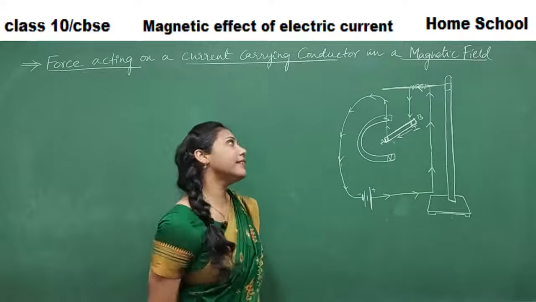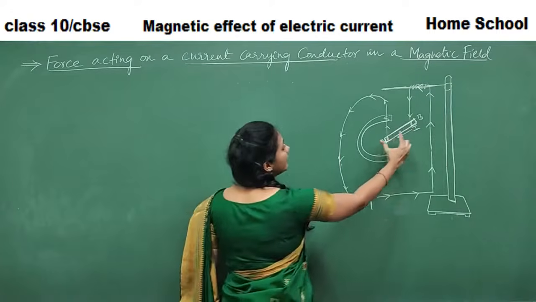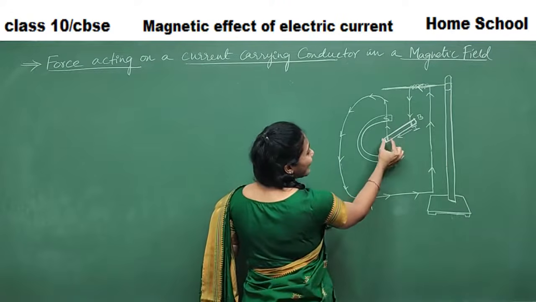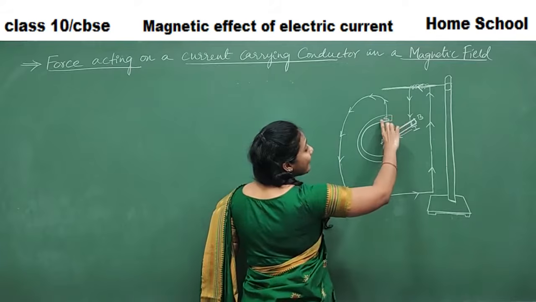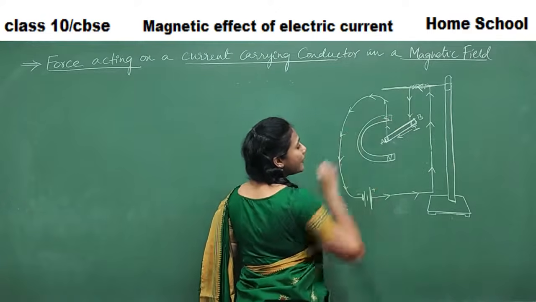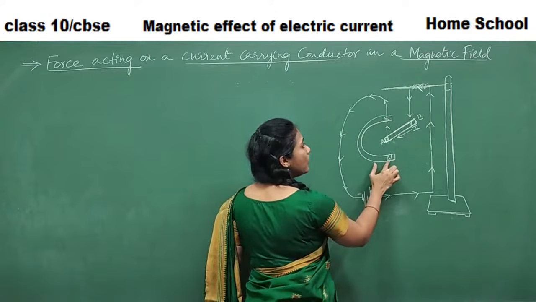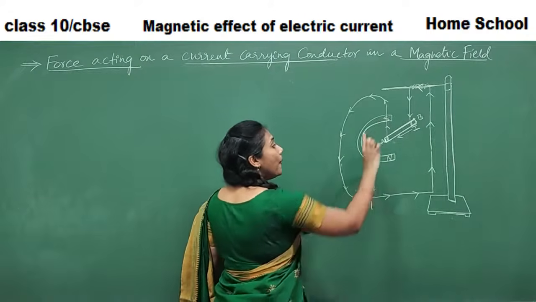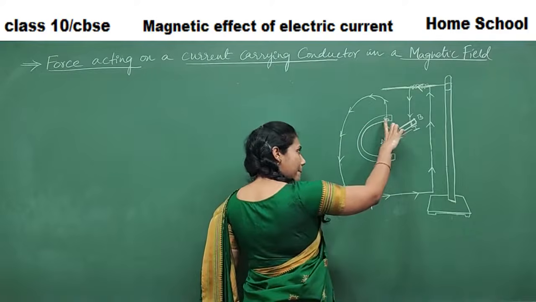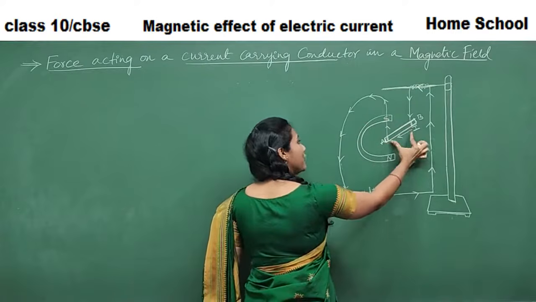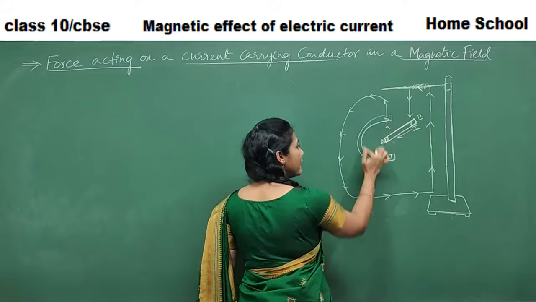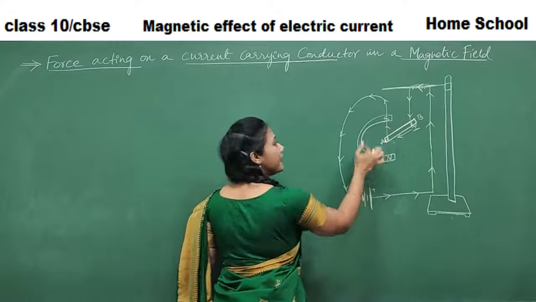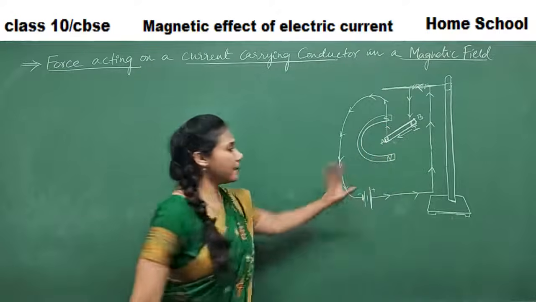And one important thing is that I kept that particular aluminium rod in between the magnet. This is a horseshoe magnet which has a north pole and a south pole. So between the magnet I kept that aluminium rod. So some permanent magnetic field is already there in the setup.